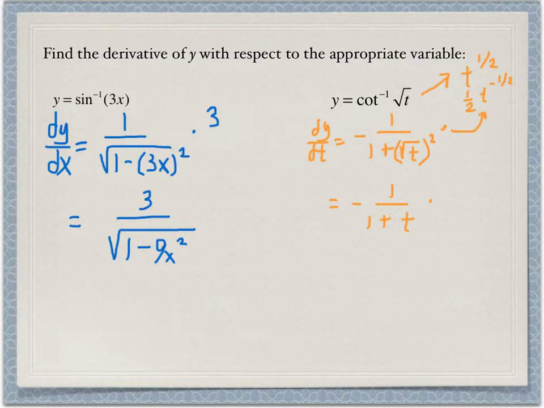Now, here's where it gets a little tricky. Notice the derivative, part of my chain rule thing, I can actually write this as 1 over 2, and then because it's t to the negative 1/2, I have to write that square root of t in the denominator like that. Now, there's nothing to say that you can't just leave it like this.